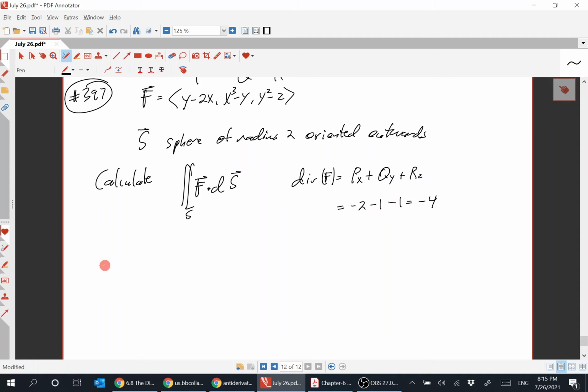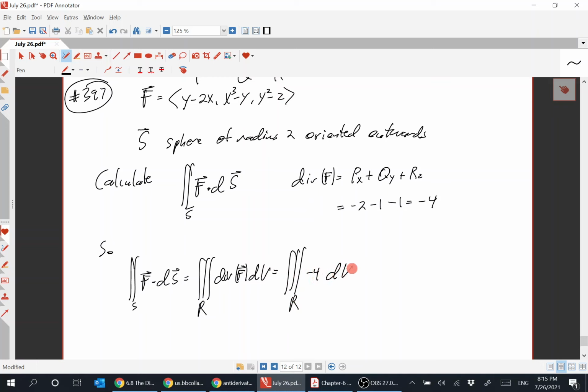So by the divergence theorem, it's the triple integral over the inside of the sphere of the divergence of F dV, which is just minus 4 dV. Because it's a constant, it's minus 4 times the volume of R.